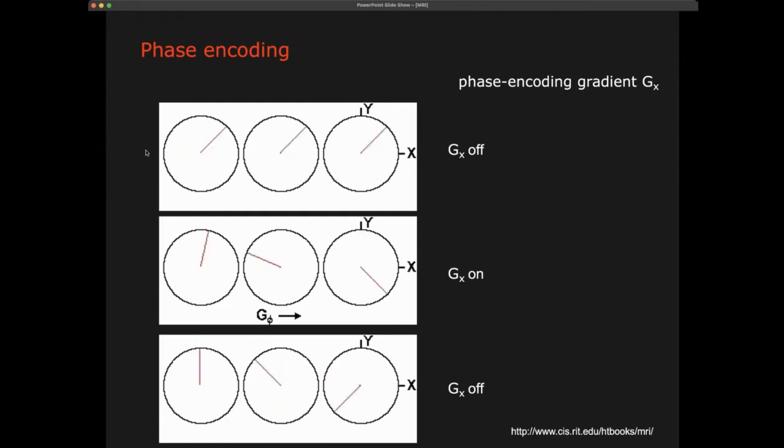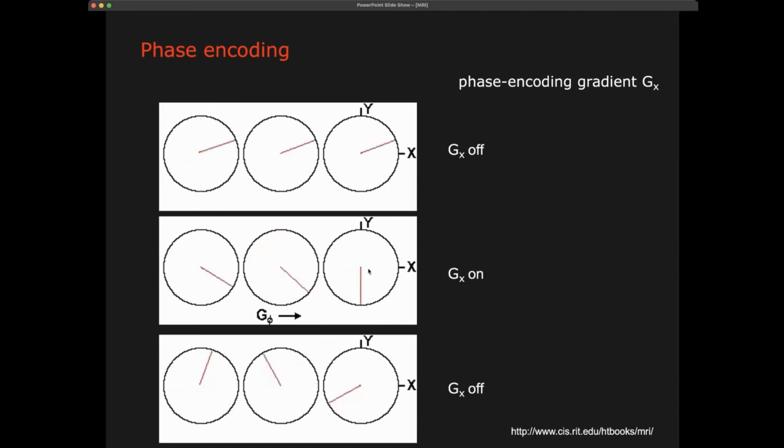What happens now is that, of course, we know that the rotation speed, so their precession frequency, is dependent on the local magnetic field. The higher the magnetic field, the faster they will go. So if I add a gradient in the X direction, depending on the X position, we will make them go faster or slower.